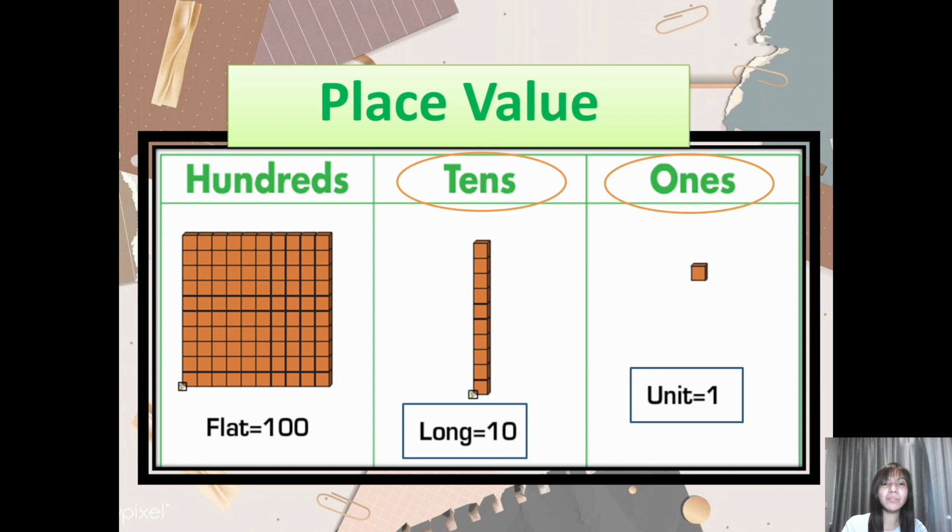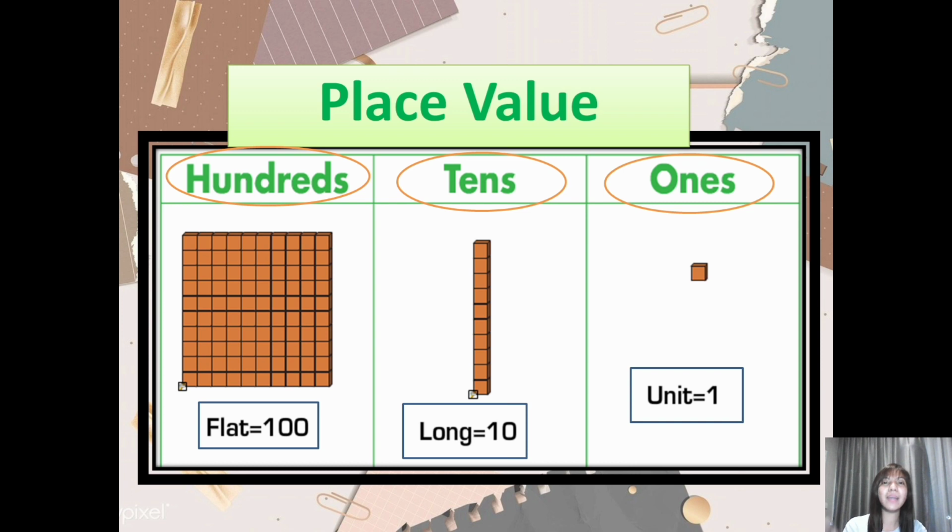Okay, next. The place value is hundreds. Hundreds. Alright, which means we are counting by 100, like 100, 200, 300, 400, and so on and so forth. So again, we have the place value: ones, tens, and hundreds.